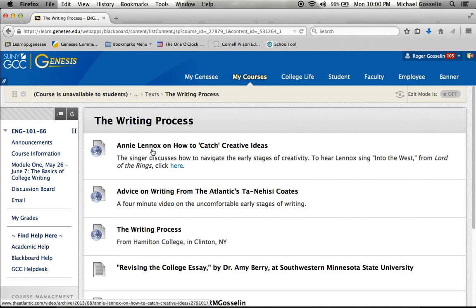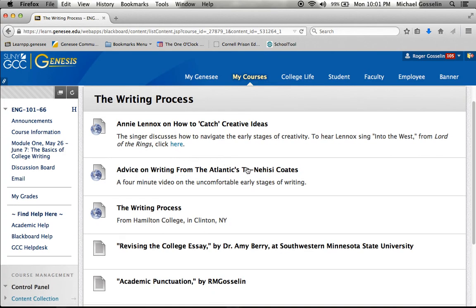You may have heard of her. She was in a very popular band in the 80s called the Eurythmics. She's Welsh, I believe, and she's got a beautiful voice. But here she talks to you about how she gets ideas. And the next one is one of my favorite writers, Ta-Nehisi Coates from The Atlantic, and he also talks about how frustrating writing can be and how you can sort of get over that.